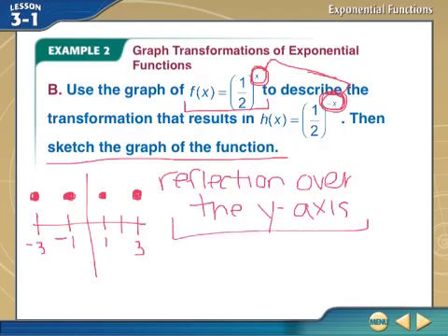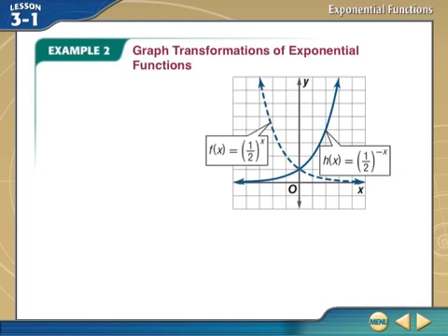So I know that f of x is a parent function. H of x is going to be a reflection of f of x over the y-axis. On the next slide, we will go ahead and graph both f of x and h of x on the same coordinate plane. Here we have the graph of f of x and h of x.